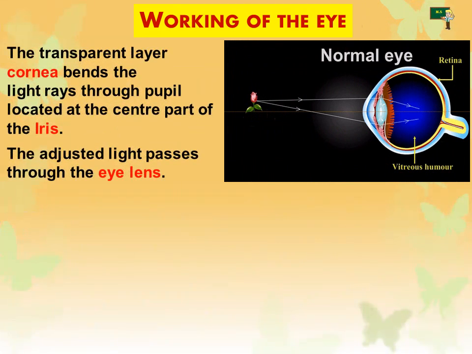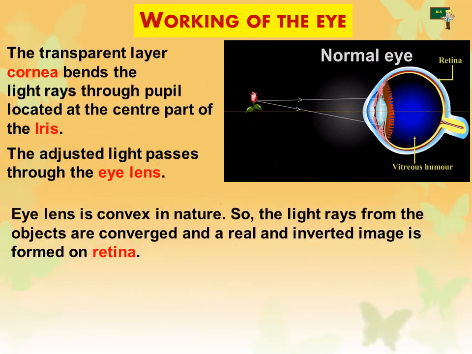Now, the transparent layer cornea bends the light rays through the pupil located at the center part of the iris. The adjusted light passes through the eye lens. Already I told you the eye lens is convex in nature.